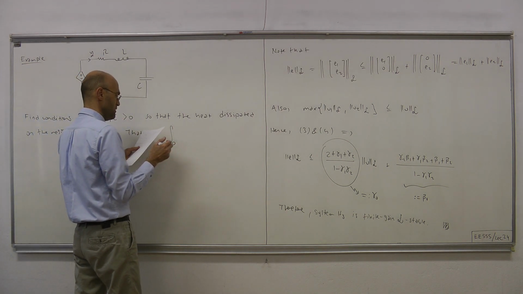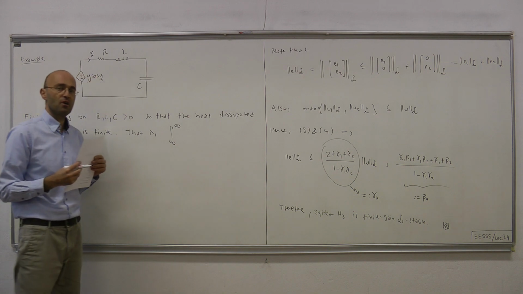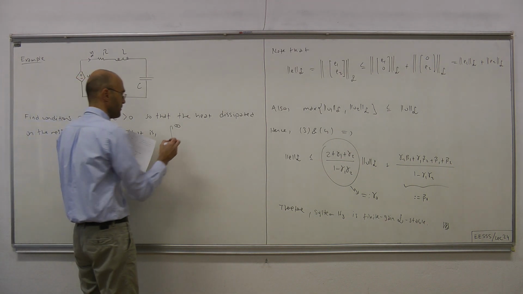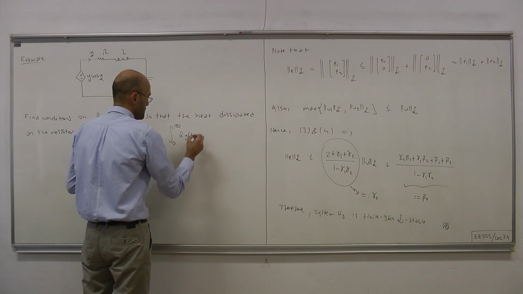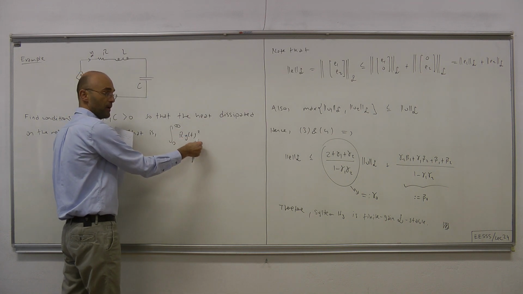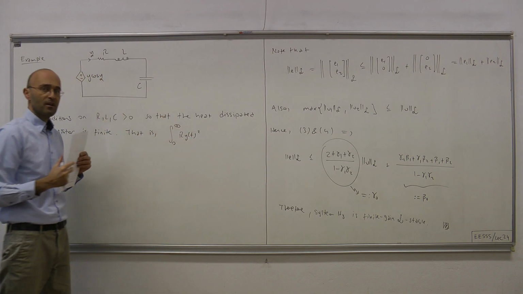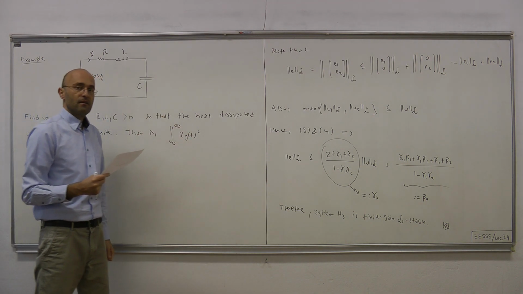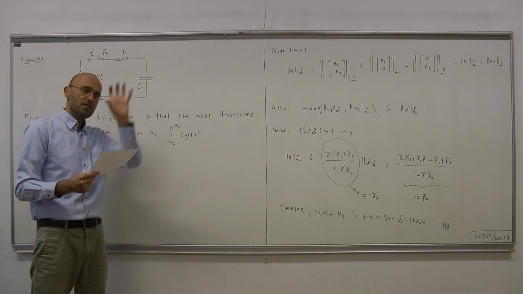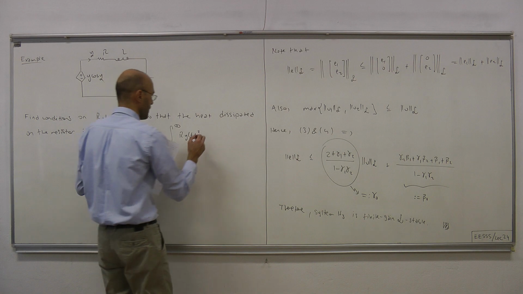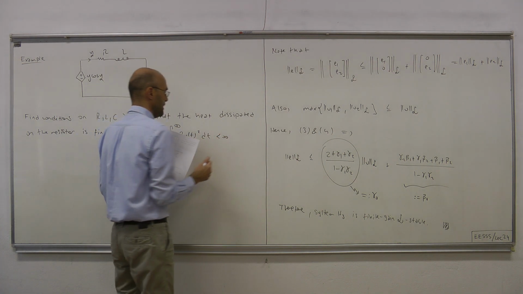And what we want is to find conditions on the circuit parameters so that this integral, where we're integrating the power of the resistor, so therefore that's the energy that's absorbed by the resistor and given out to the environment as heat, is less than infinity.